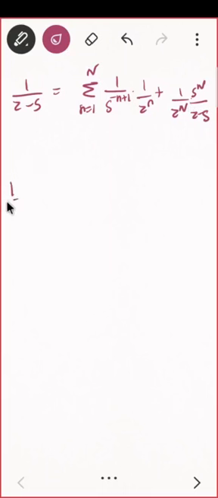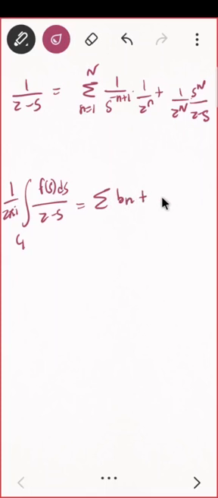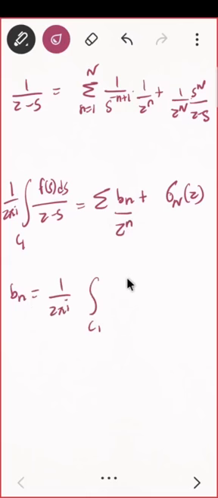That is 1 upon 2 pi i integral f of s ds upon z minus s over c1. This will be equal to the summation of bn upon z raised to n, and the other part I am calling sigma n of z. So what will be my bn? bn will be 1 upon 2 pi i integral over c1 f of s ds upon s raised to minus n plus 1. This is my bn.